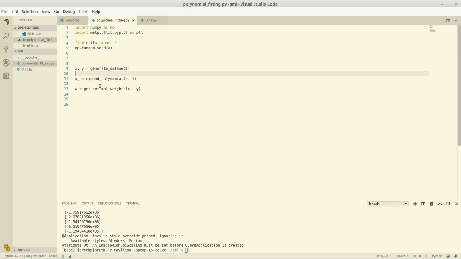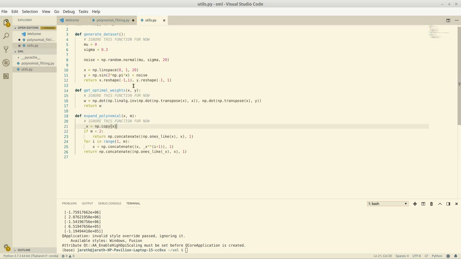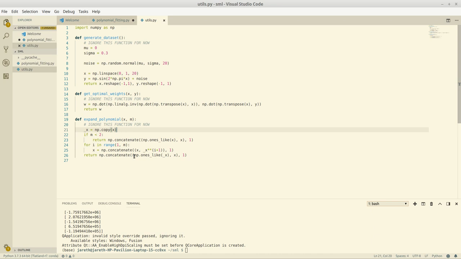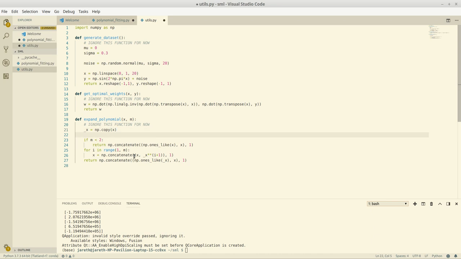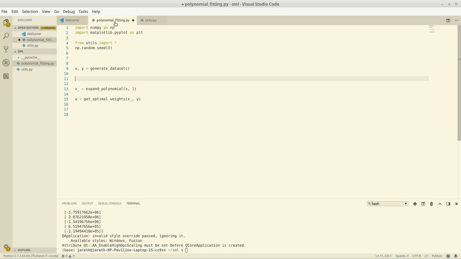The first thing we've got here is some utility functions I wrote. You can ignore all of these functions right now. You don't need to understand what's happening. You will in a later video when we go through all these topics about data generalization and solving these kinds of problems. But right now I just want you to get a general idea.